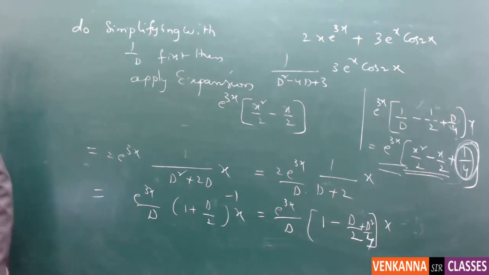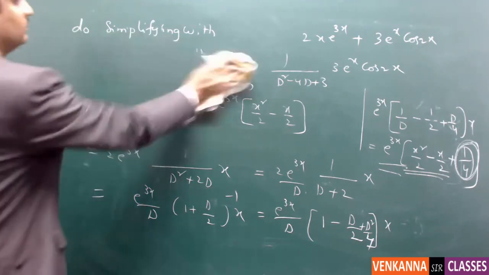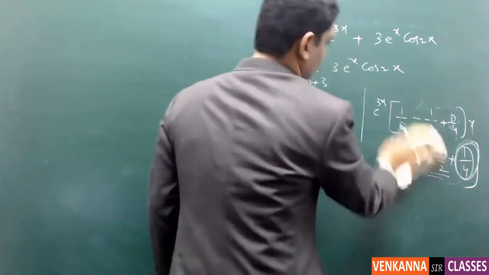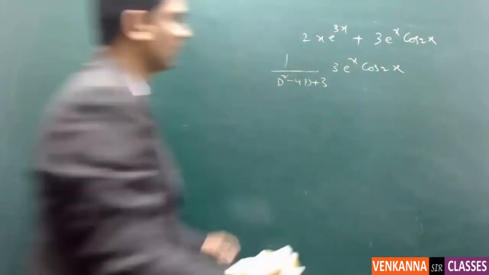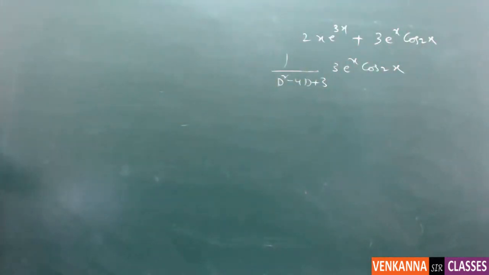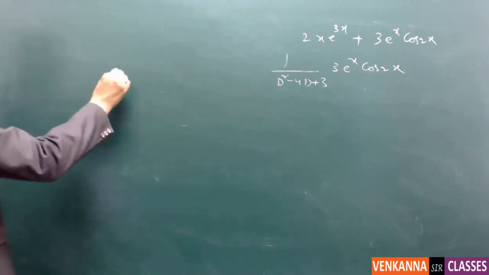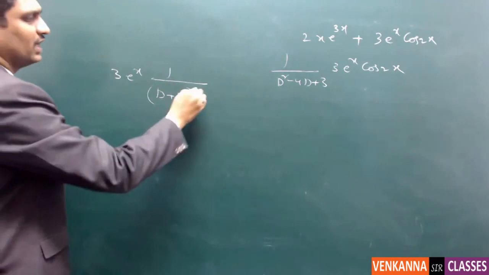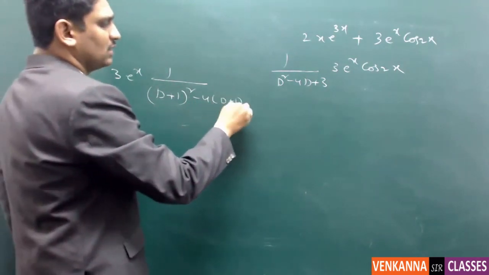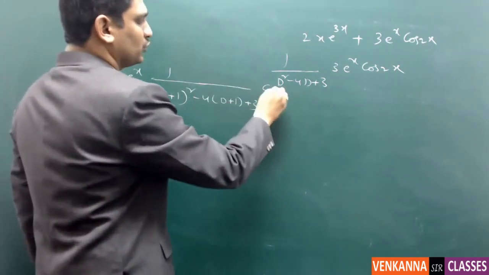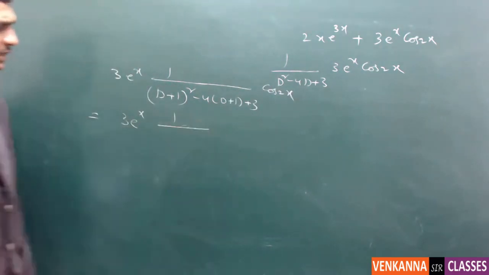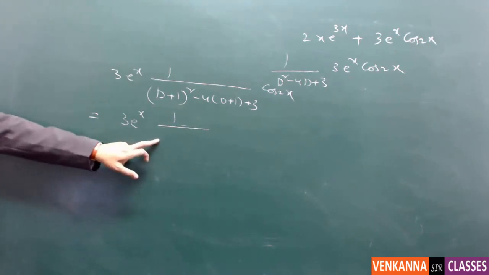So I will go with the other part. For this part, take the exponential to the front. So 3 e power x by (1 by D plus 1) whole square minus 4 into (D plus 1) plus 3 of cos 2x. If we simplify that, 3 into e power x by, can you give me the value here?